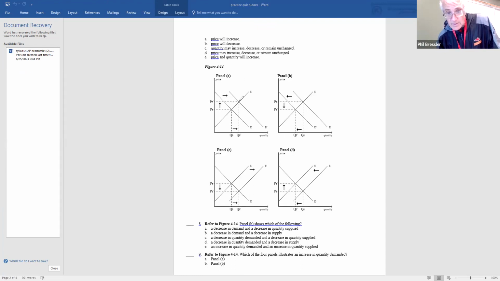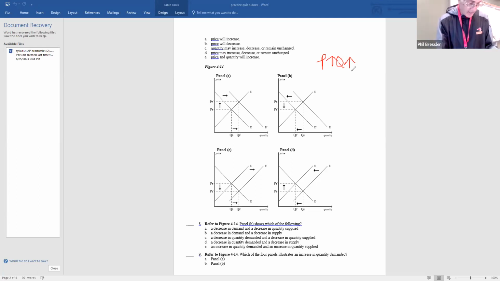I know it increases because there's a shift to the right. I got price up, and I've got quantity up. All right, so that gives me that.